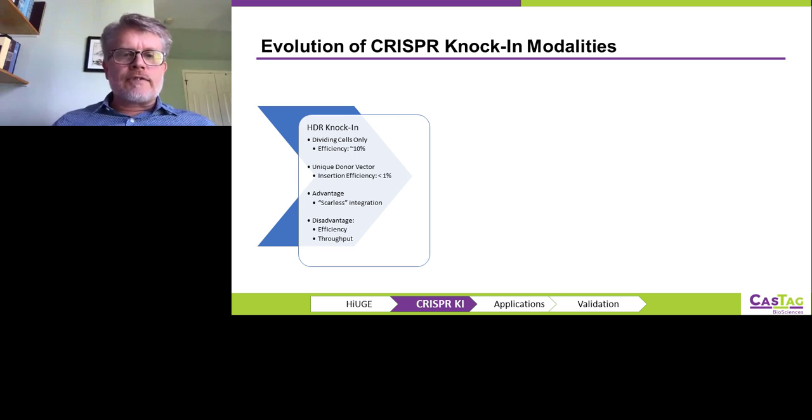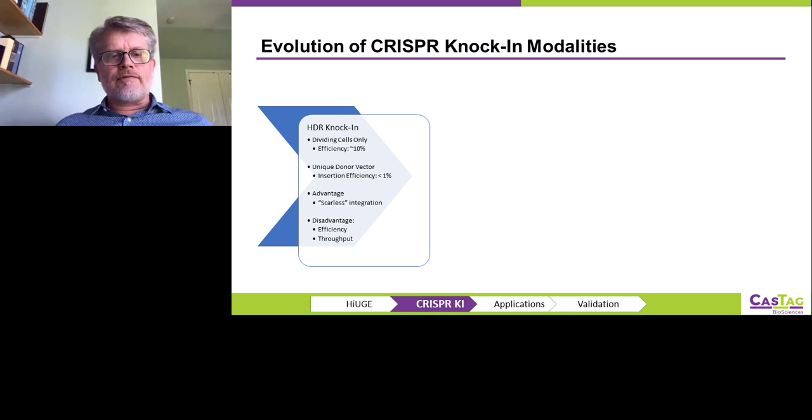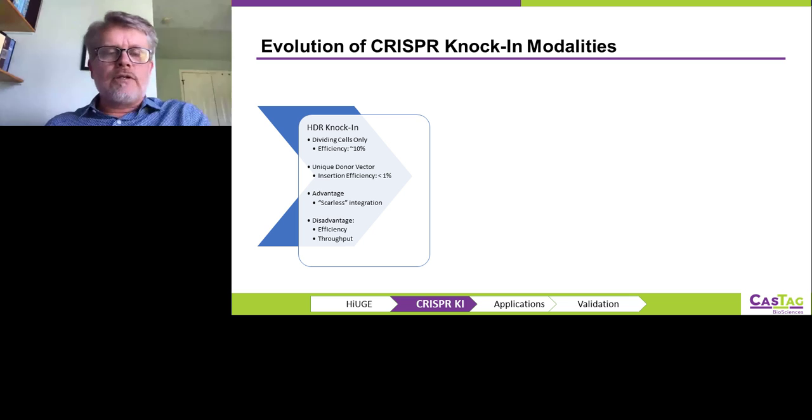So there are several different repair mechanisms that have evolved and have been utilized for CRISPR knock-in approaches. Probably currently today, the most common repair mechanism is HDR, or homology-directed repair knock-in. This approach has some advantages as well as several disadvantages.